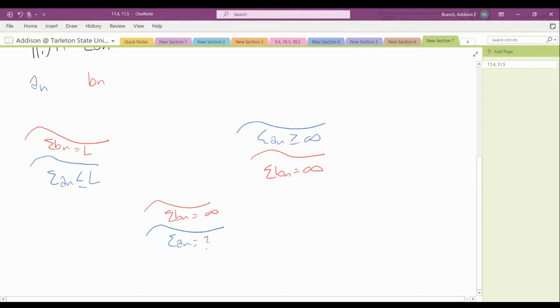So we have to make sure that we follow the two earlier scenarios, because if it follows this scenario, that doesn't tell us anything. Or if we have a situation where A is bigger and B is smaller, and B is equal to some constant, that tells us nothing about A. A could be infinity, or it could be a bigger constant.